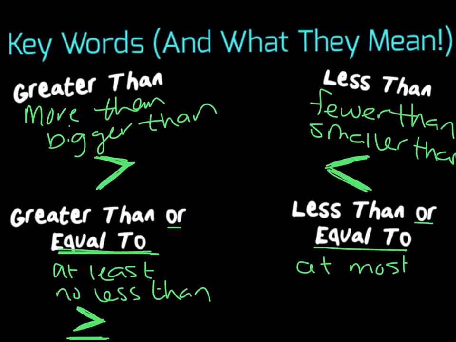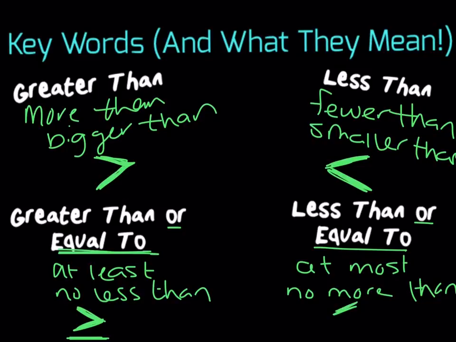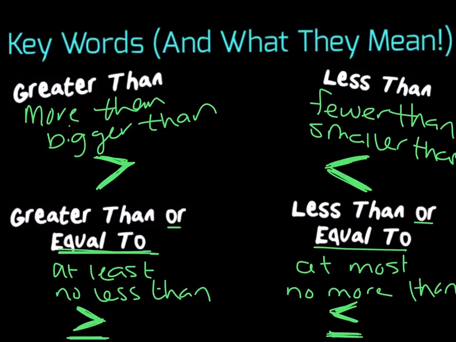Or we can also do no more than. And same thing that we did with the greater than or equal to symbol, you draw your less than sign, which is facing away from the variable, and then you put a half equals bar, because it shares the equal bar with the greater than or equal to.